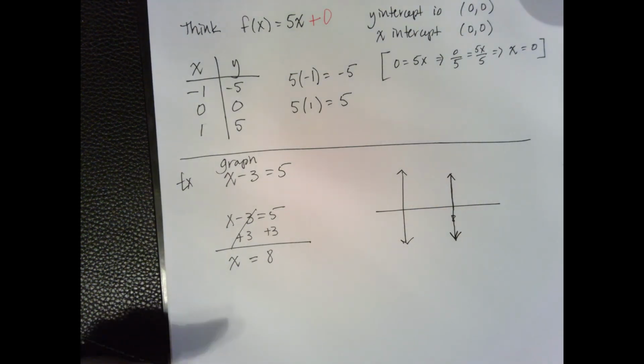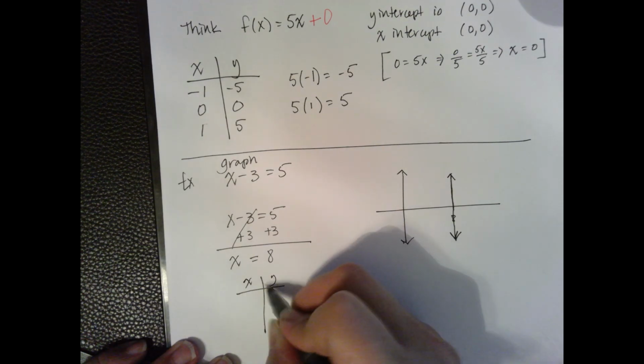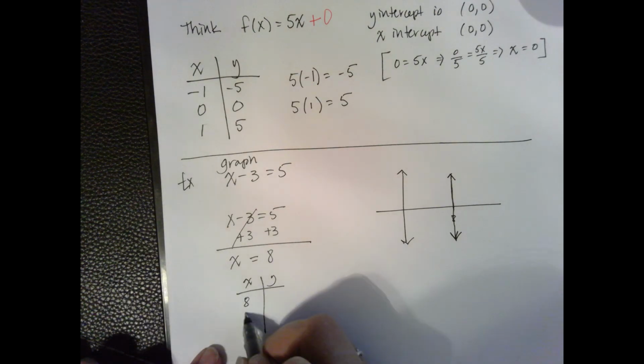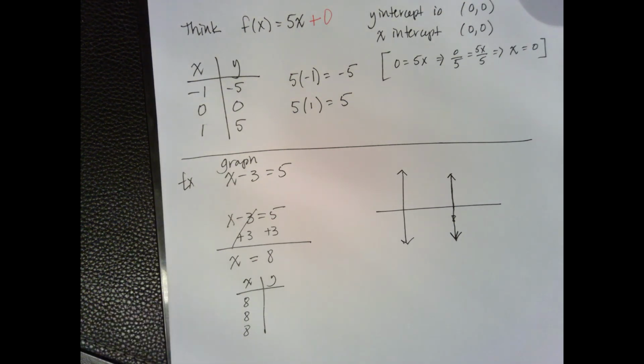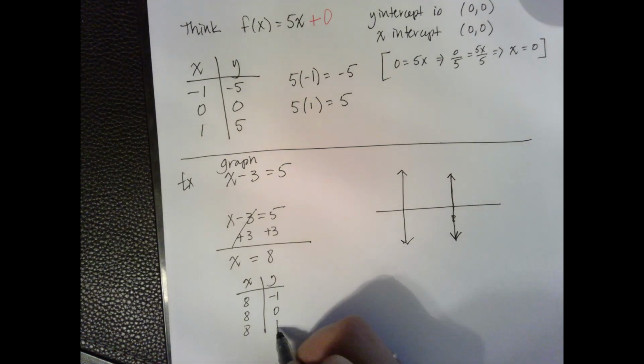You could make a t-chart for this. However, the only input you have is 8. Okay, because that's what x is equal to. I'm not being able to evaluate for another variable, so it doesn't matter what y is, x is always 8. So I could say this is negative 1, 0, and 1.